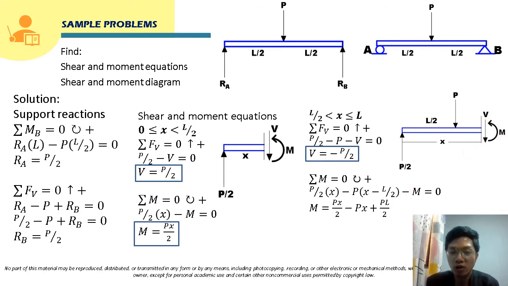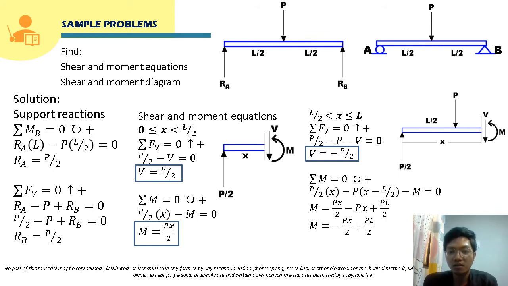So solving for the moment, this will just be Px over 2 minus Px, negative times negative, that will be positive, PL over 2. So we will just simplify this. What can we factor out?